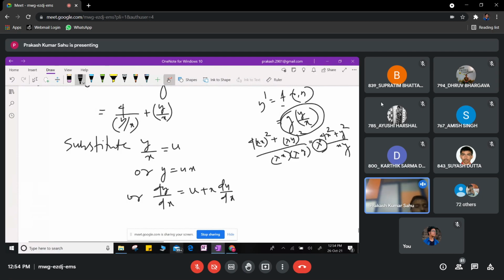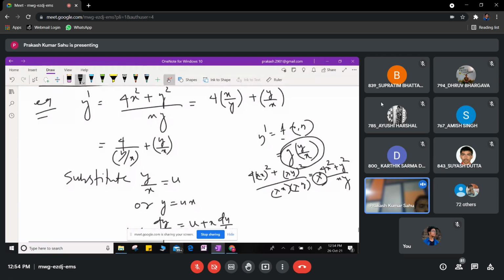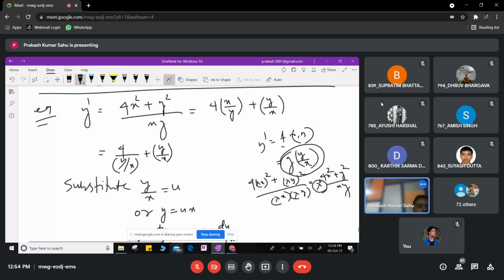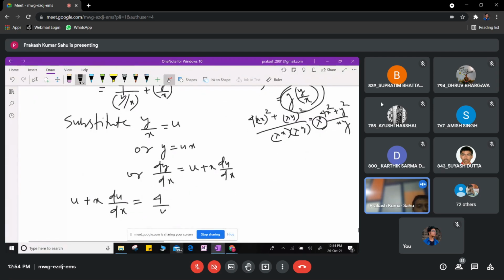So now if you substitute in the differential equation, your y dash, that is dy by dx, u plus x du by dx is equal to 4 by u plus u.